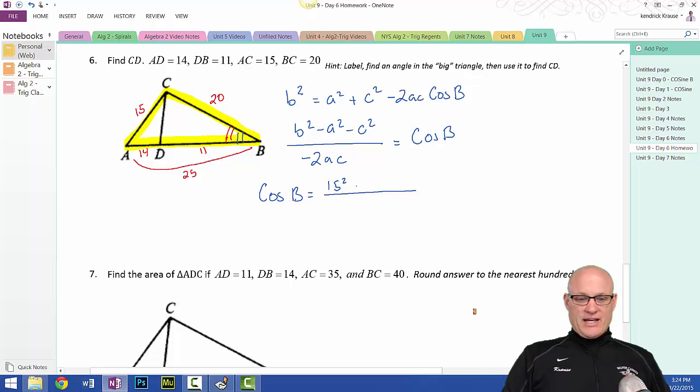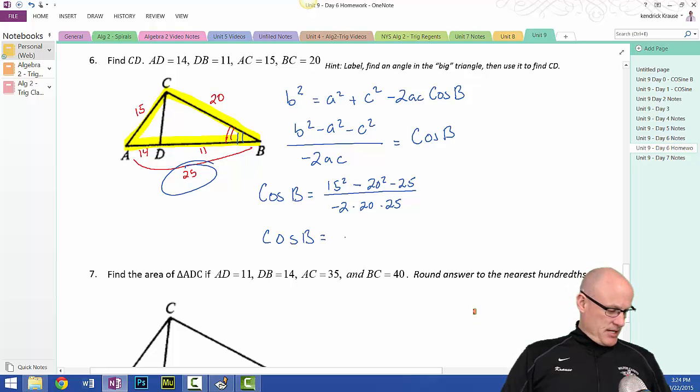15 squared, and minus a squared. A squared's easy, that's 20 squared. And c squared is this entire side here of 25. So we're going to use that whole thing, minus 25, all over negative 2 times 20 times 25. I'm just going to look over at my sheet so I don't waste too much time. I got 4/5.